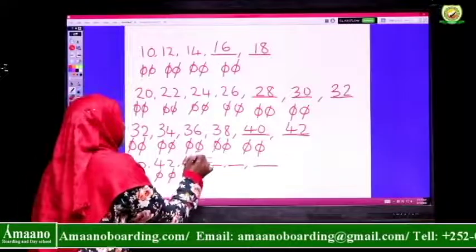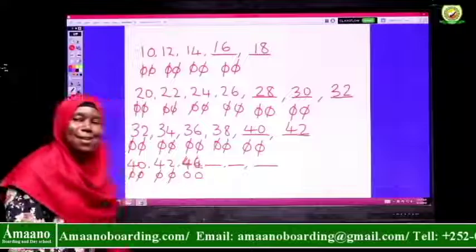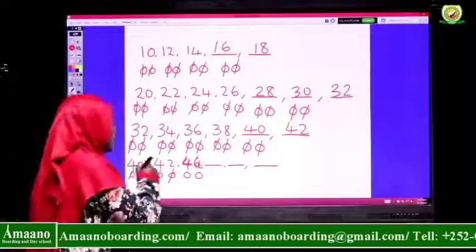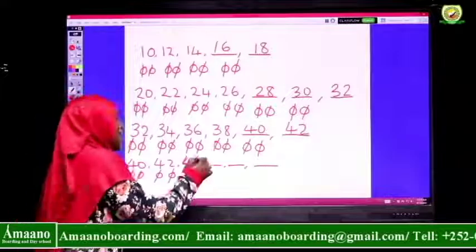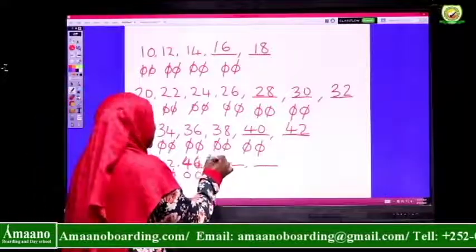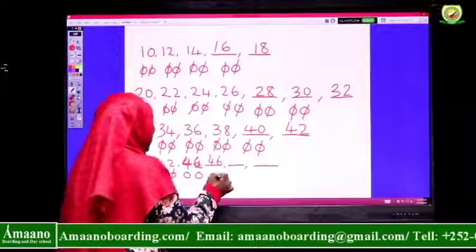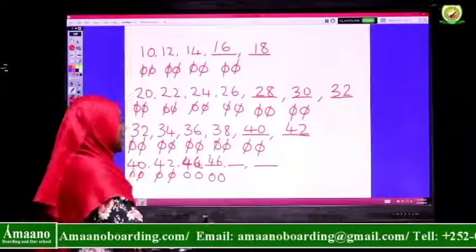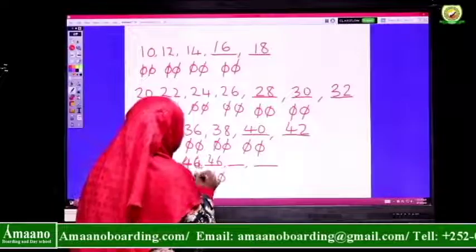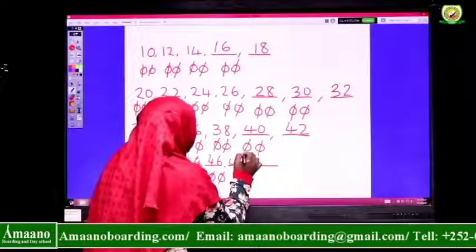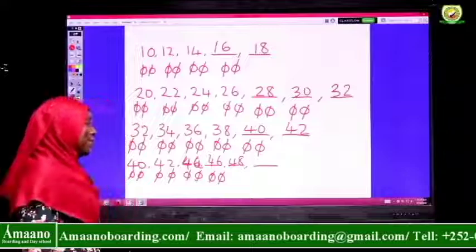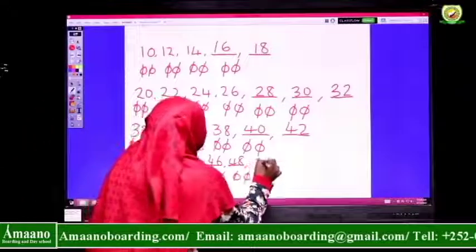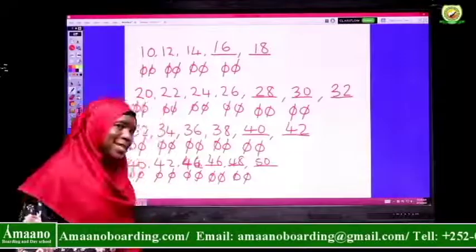Here should be 43, 44. Here it should be 44, and then here it should be 46. And then after 46, we should be able to get 48. And then after 48, of course, we're going to get to 50.